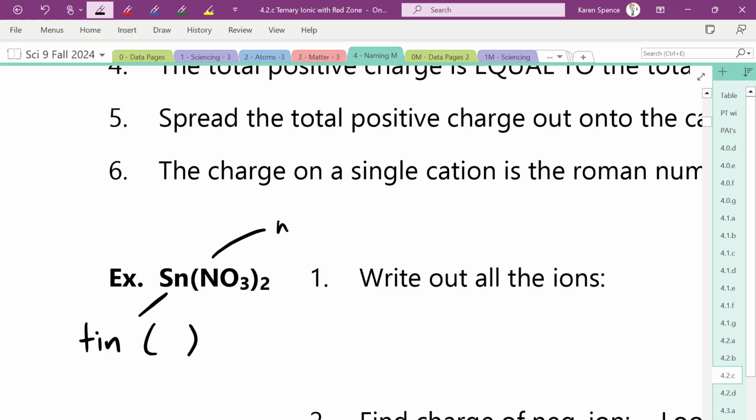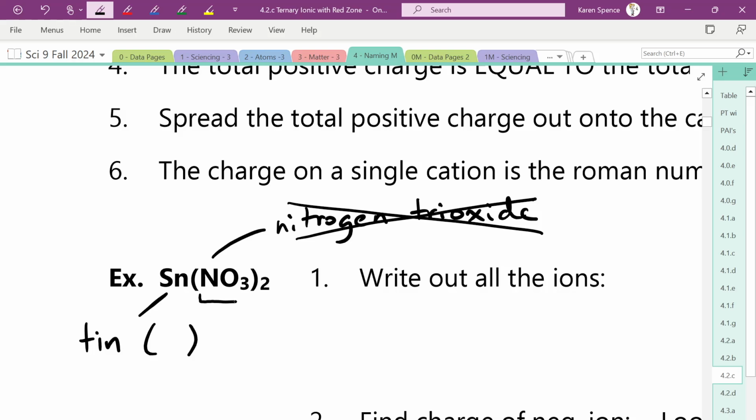Do we name this nitrogen trioxide? Is that good? Or is that sad? Sad. Because there's really only ever going to be one anion, one type of anion. So where are we going to look to find NO3?